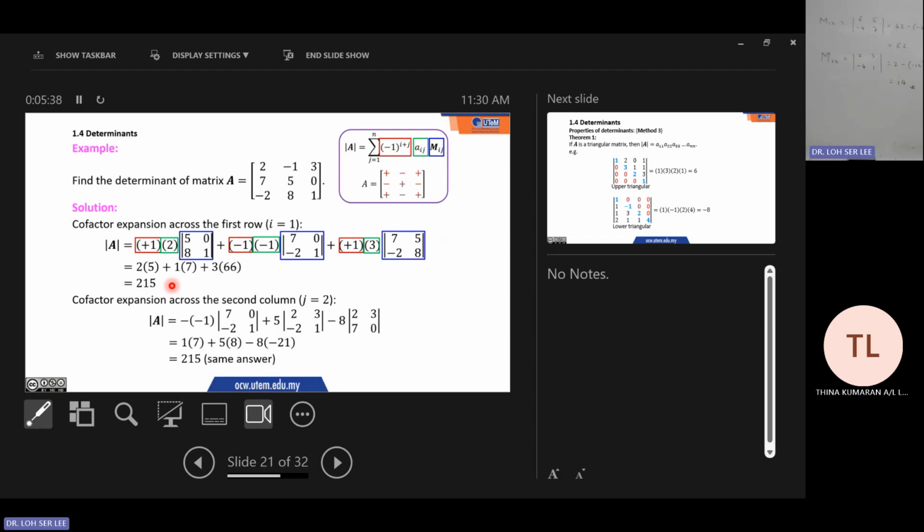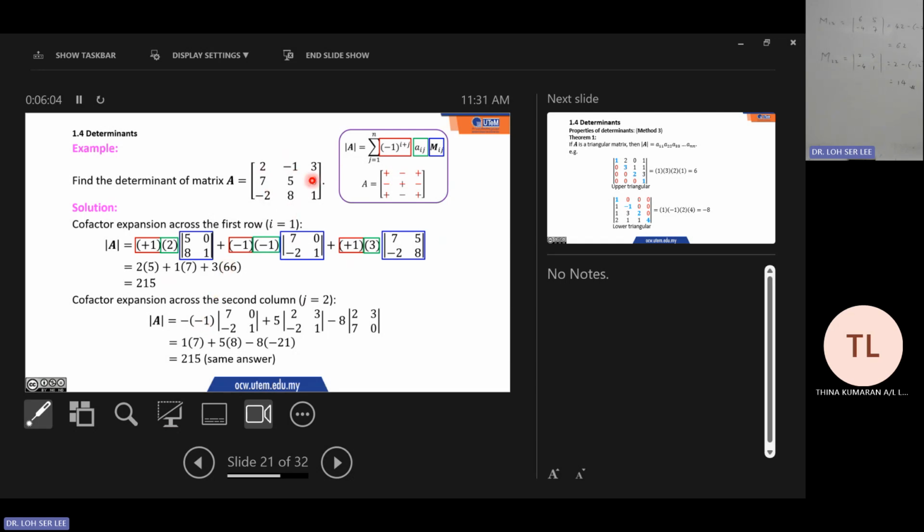Now if let's say I don't want to use the first row, I want to use the second column. Second column here. So we will use this 3. The alternating sign for this location is minus. So we have a minus here, and then the entry itself, -1, multiplied by the minor, remove.